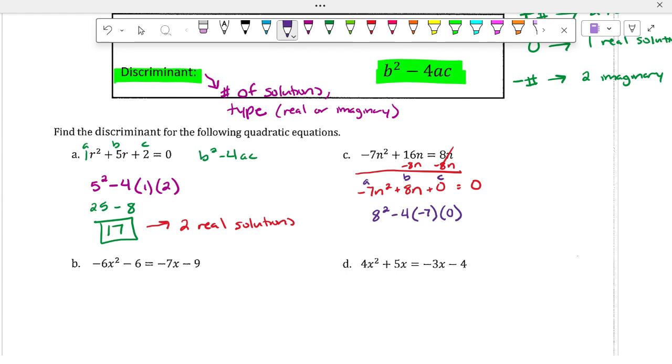So what's 8 squared, guys? 64. What's negative 4 times negative 7? Positive 28 times 0? 0. So this would be plus 0. So what's my discriminant? 64. So based off of my discriminant, how many solutions and what type do you think I want to have? 2 real solutions.